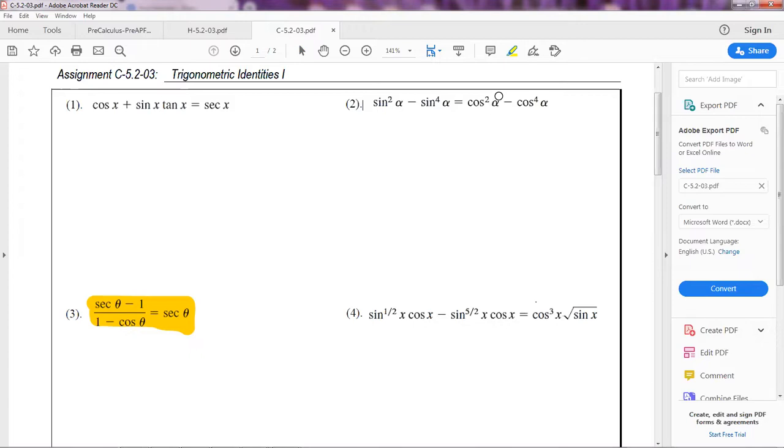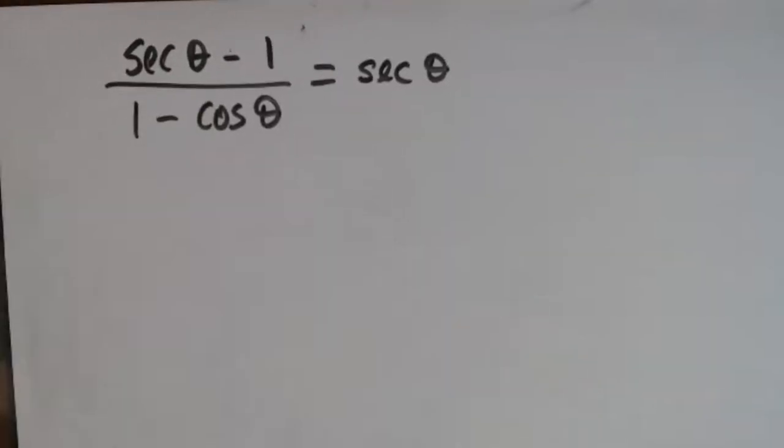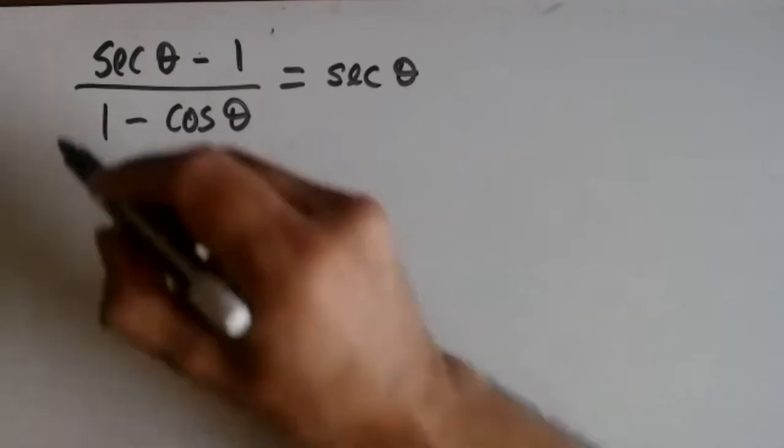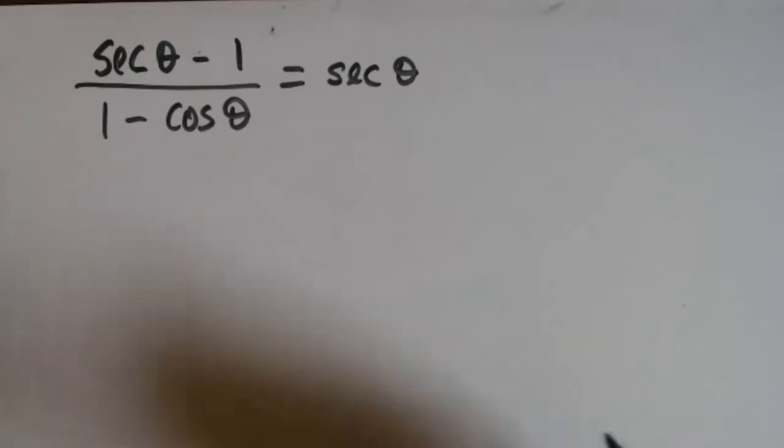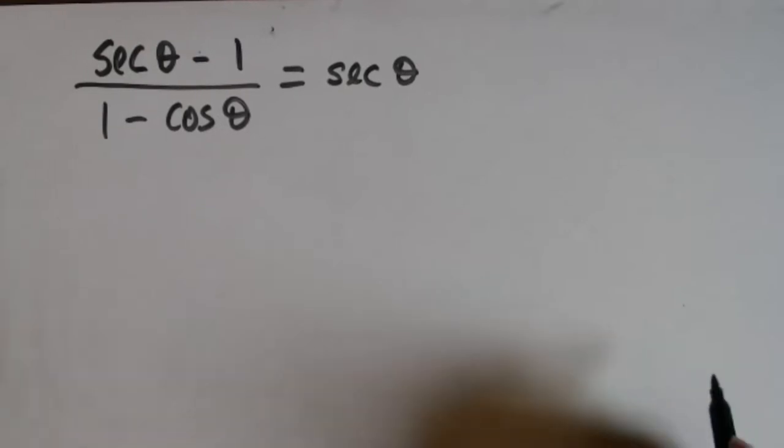So I have secant of the angle minus 1 over 1 minus cosine of the angle, and this has to be secant of the angle. Okay, let me just stop right here. Let me delete and then right here. There it is. Okay, this is what I have to prove now. Secant of theta minus 1 over 1 minus cosine theta equals secant theta.